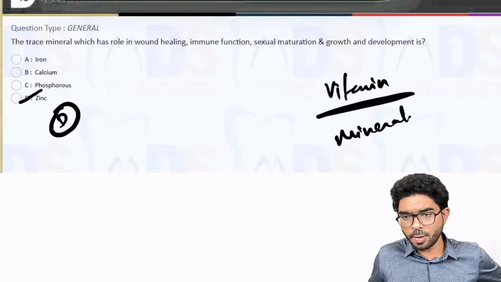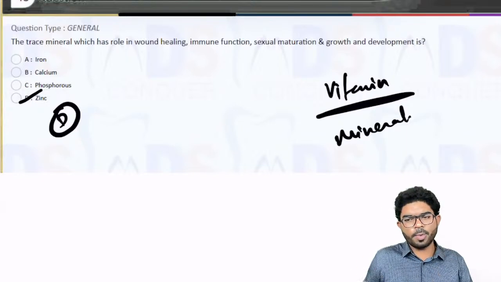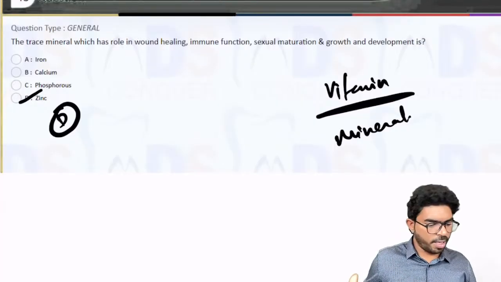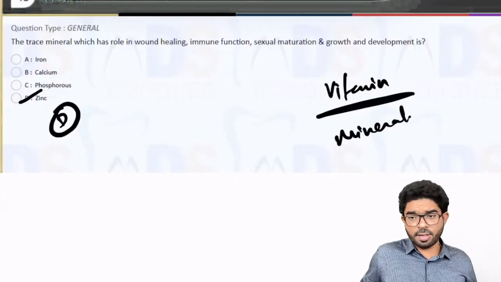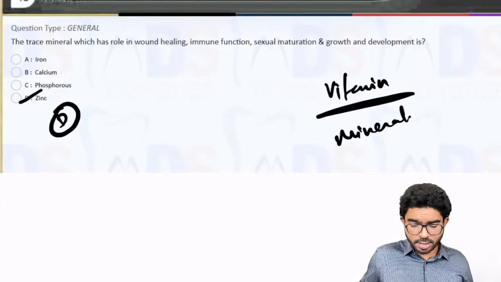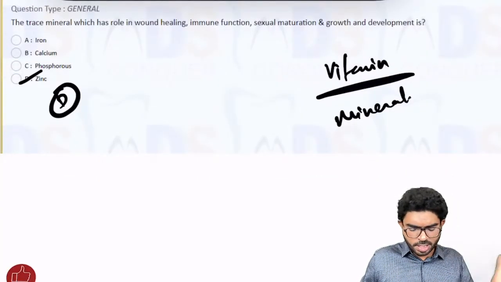I have one Q bank already prepared for minerals, which I'll give access to in your general medicine, because I'll be talking a little about vitamins again in general medicine, from the general medicine point of view. Along with that, I'll give access to the Q bank I have prepared from Harrison. I have prepared a few questions from Harrison. So zinc is the answer here, but this zinc and minerals-based question is an old repeat.